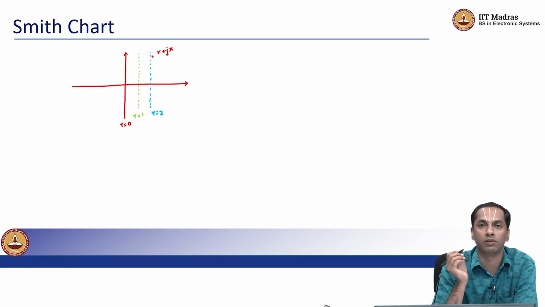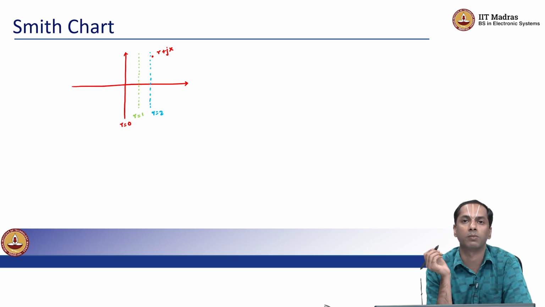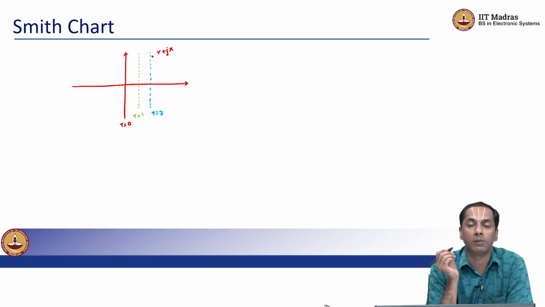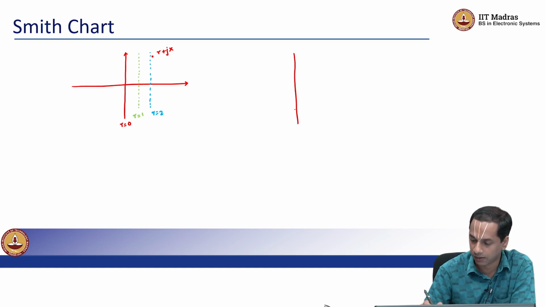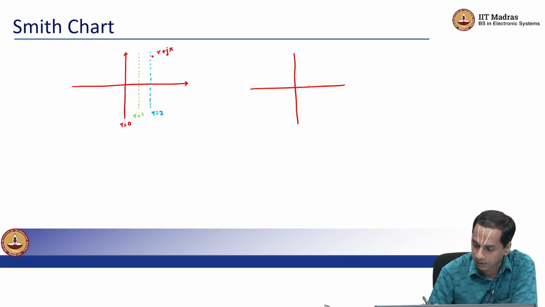So, we have no resistance, just an imaginary impedance, say a pure inductor or a capacitor. We will see what that maps to. In the gamma plane, R equals 0 essentially maps to a unit circle.